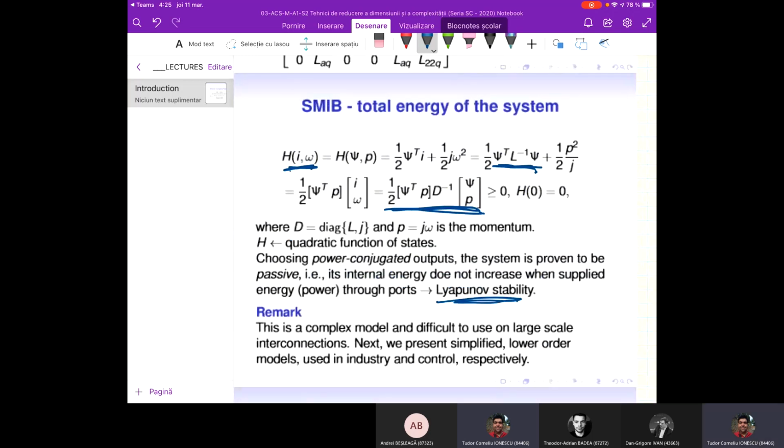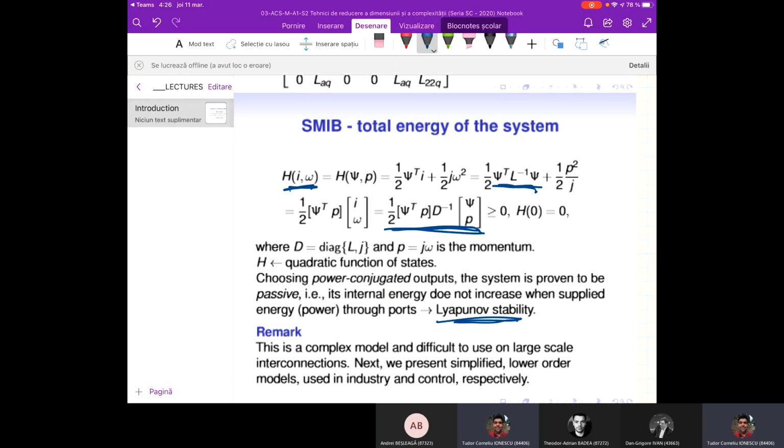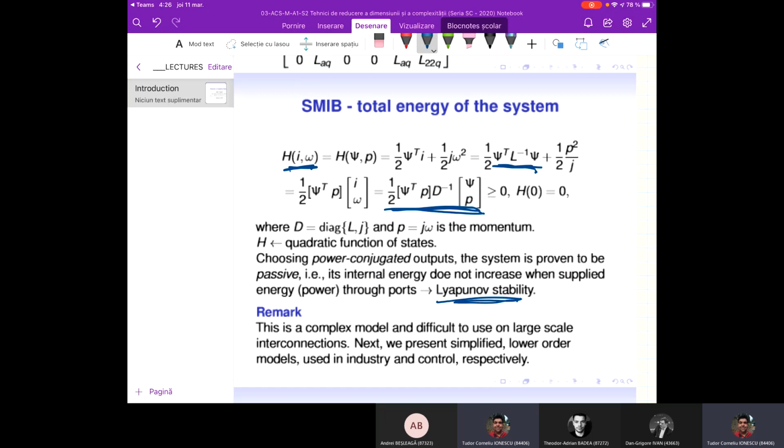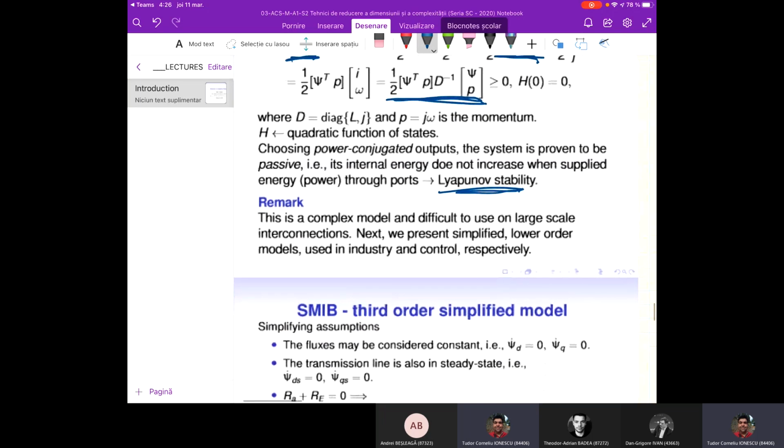And we were saying last time that such models exhibit energies like this one. This is the energy function, the internal energy of such a system. If we pick the inputs and the outputs accordingly, we can prove that such a system is what is called dissipative, just like a resistor.